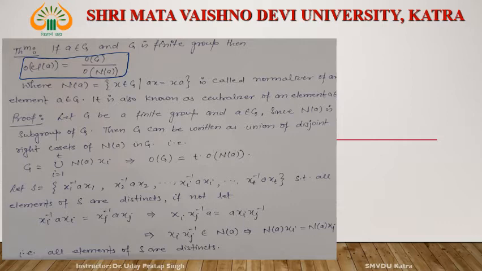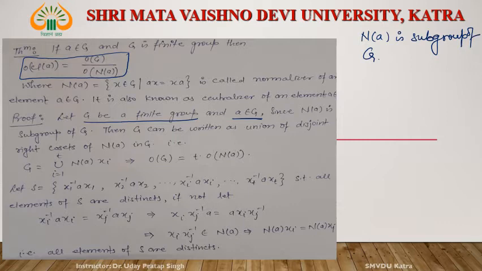G is a finite group and a belongs to G. This centralizer or normalizer N(a) is a subgroup of G, which we already proved.